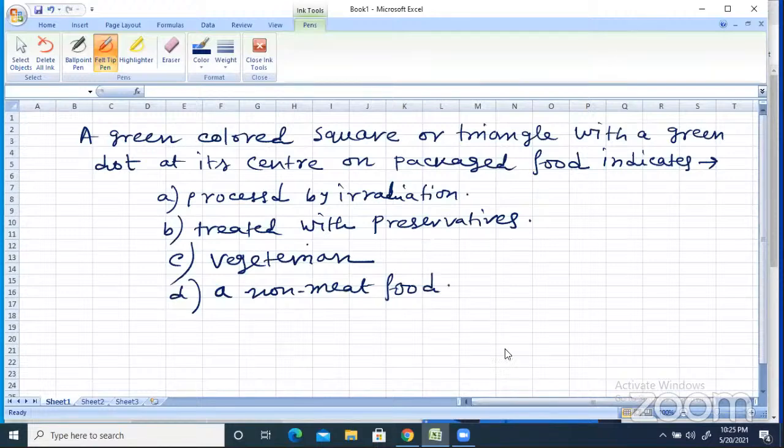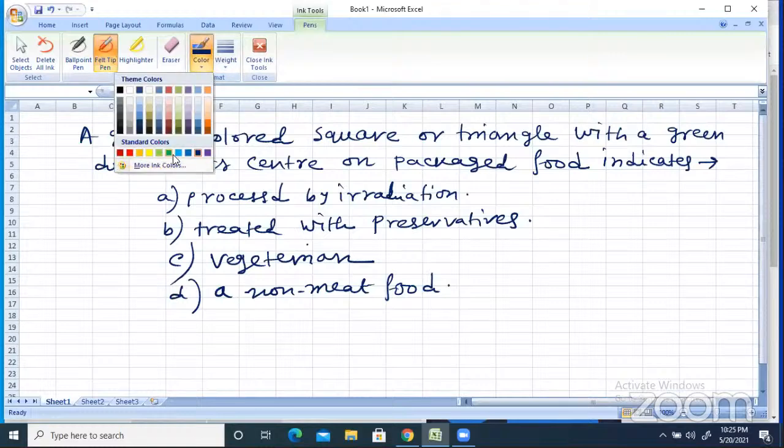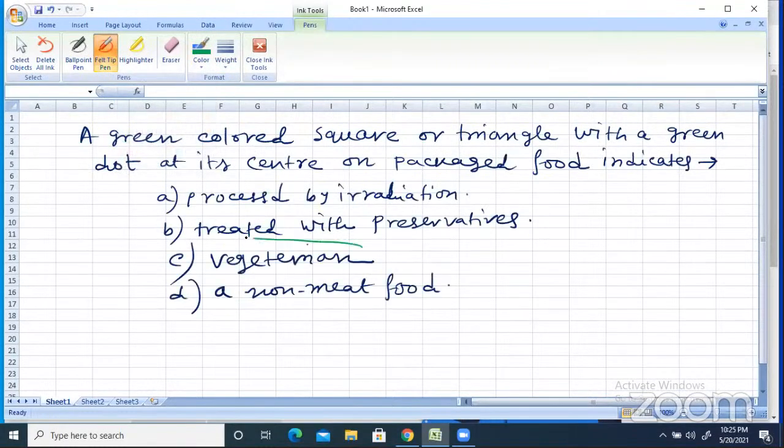So which one will be your correct answer? If any package has a green colored square or triangle with a green dot, it indicates the product is vegetarian food. So it will be your correct answer. Okay, done.